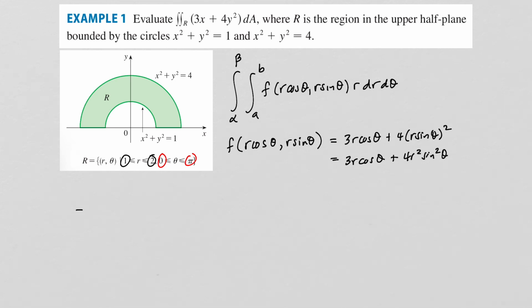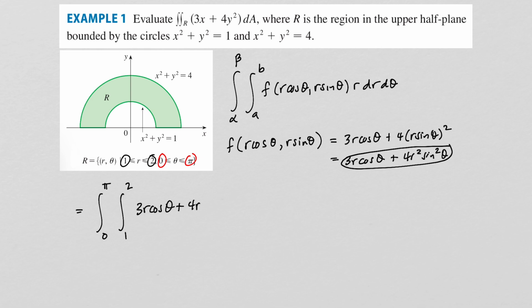So when we do that, we're going to get the integral from 0 to pi of the integral from 1 to 2 of f, which is now this function, 3r cosine theta plus 4r squared sine squared of theta, and that gets multiplied by r dr d theta.